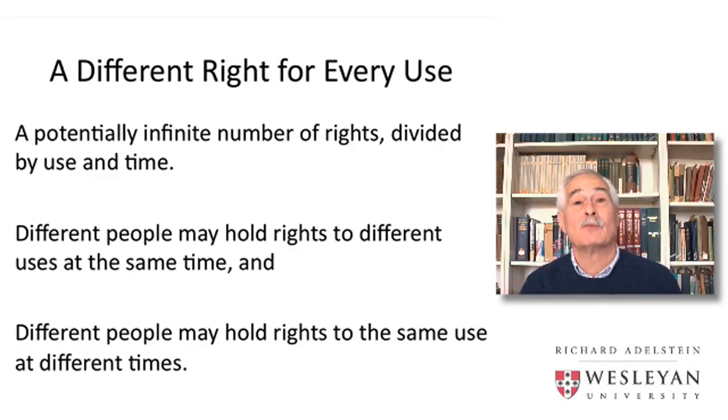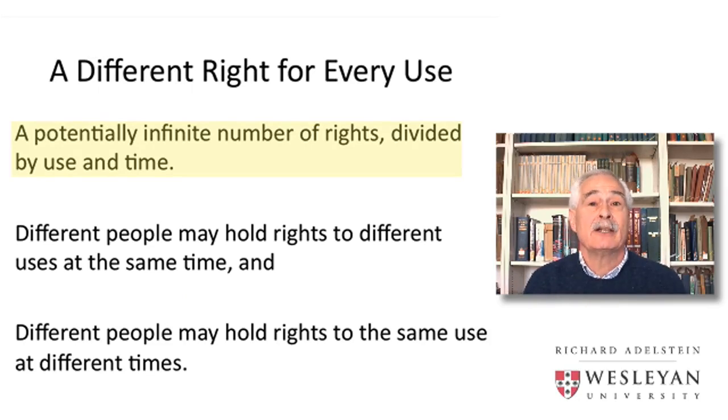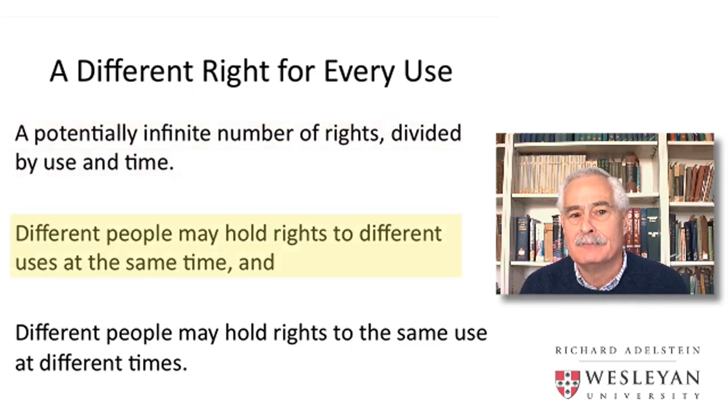So, to summarize what we've seen about the dorm room, is that associated with the dorm room, in the new view of property, are a potentially infinite number of property rights, each one associated with a different use of the room, and each one associated with a different moment in time.